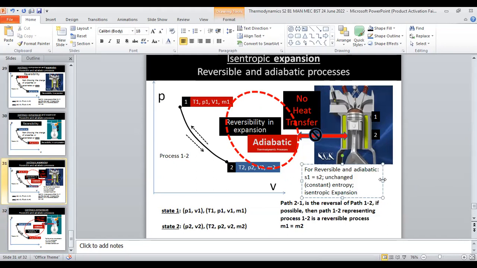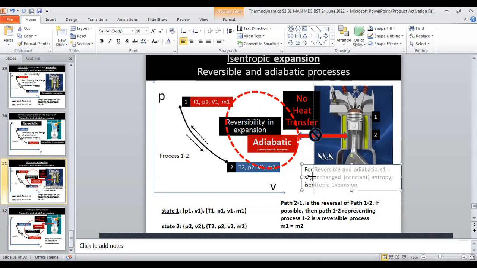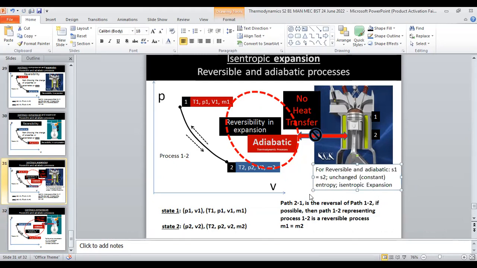So look into your imagination. You have to imagine how this ideal process of reversible adiabatic can be imagined. What are the phenomena related? Just get some understanding.